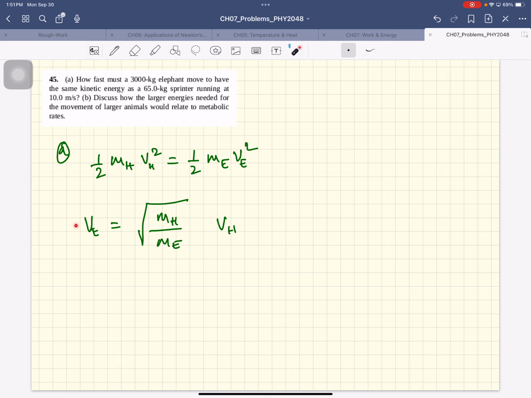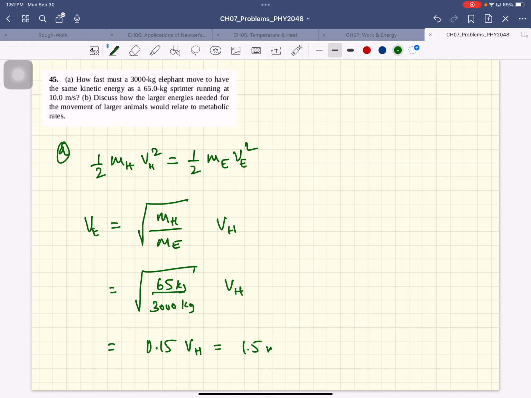Okay, so the elephant is running that much slower than the human to have the same kinetic energy. Okay, at 15% the speed of the human.